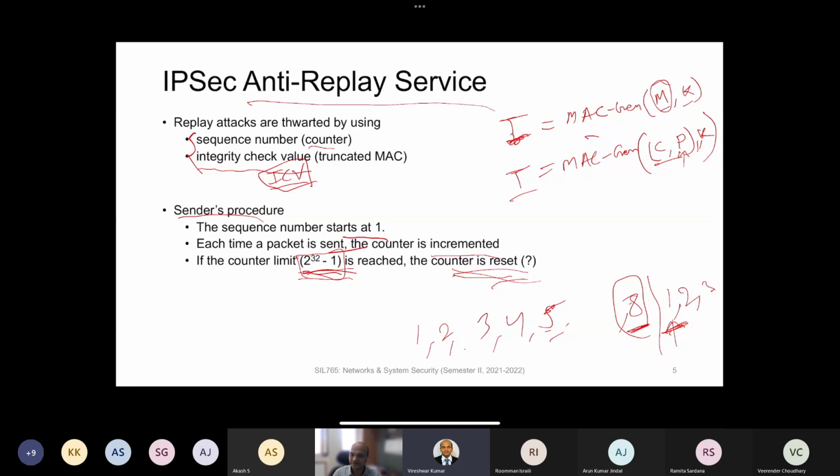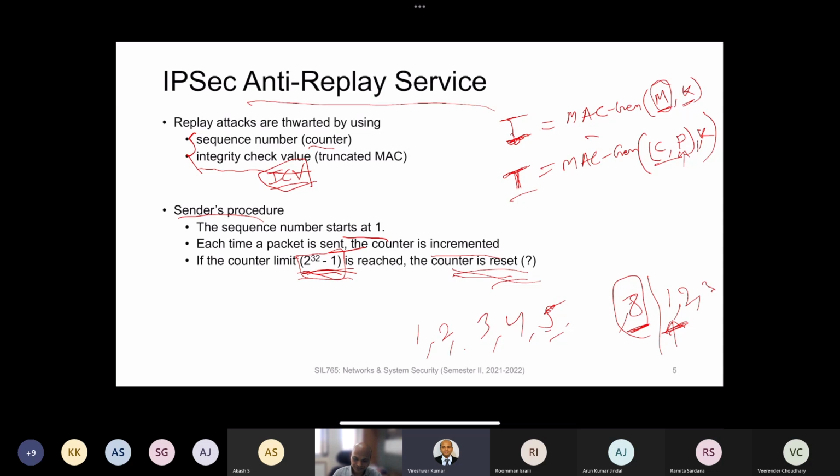So yes, it will make the system vulnerable to replay attacks, because this authentication tag is typically generated in a deterministic way, which means that if the value of M and the value of K remain the same, the same T will be generated.